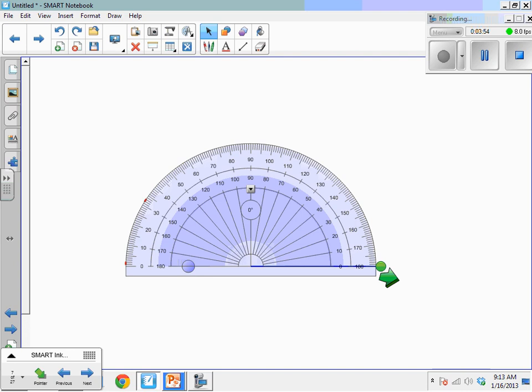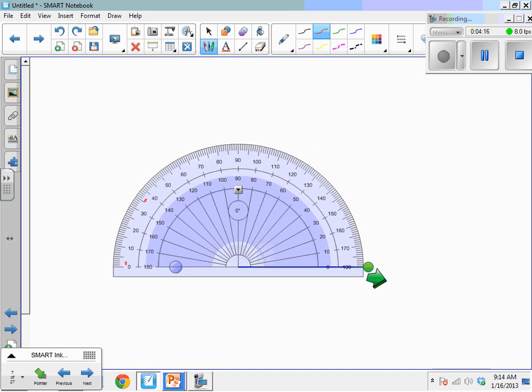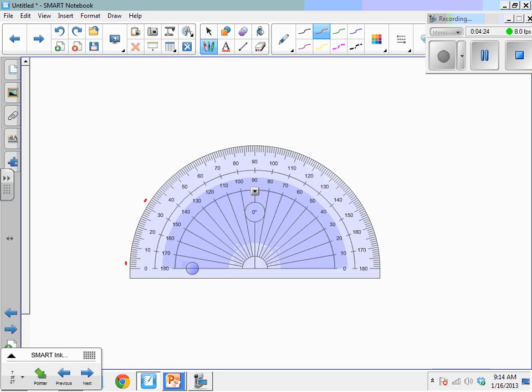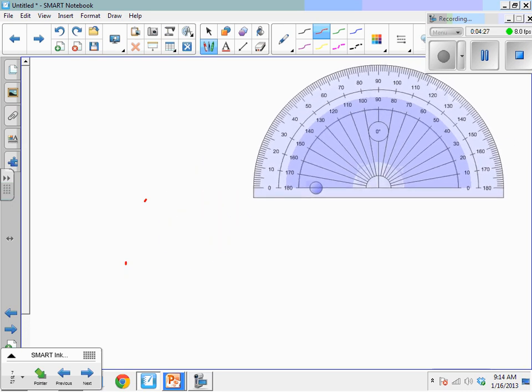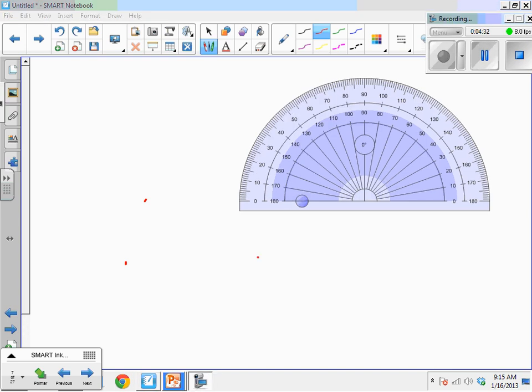This is the straight edge of my protractor, you see, and I would first put it on the vertex to 0 degrees, and I would draw a line. All right, so we made our 3 points.